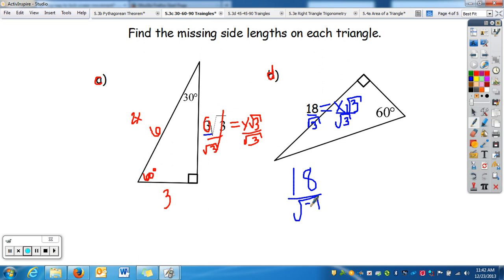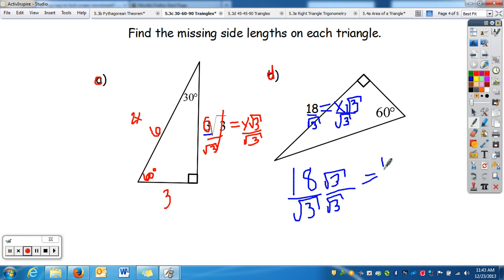Now, in simplest radical form, we cannot have a root in the denominator, and we don't have anything in the top to divide out like we did over here. So this is where we're going to rationalize. That's where the rationalization comes in handy. Root 3. So we have 18 root 3. 18's on the outside. 3 is on the inside.